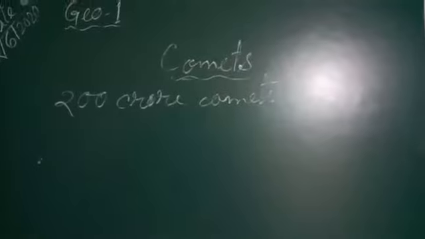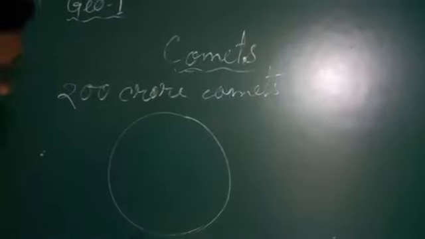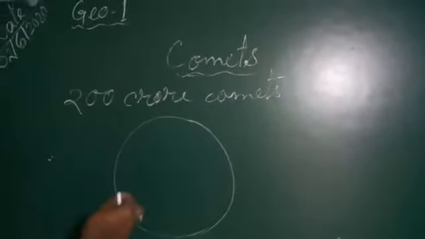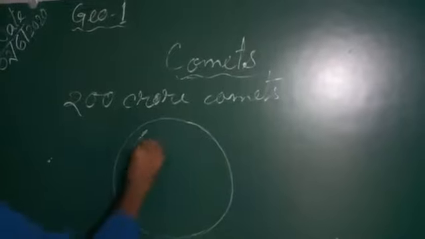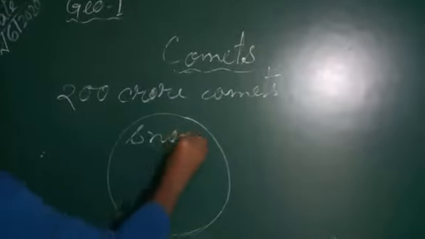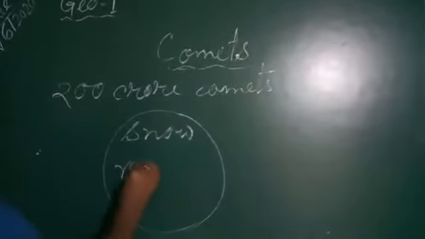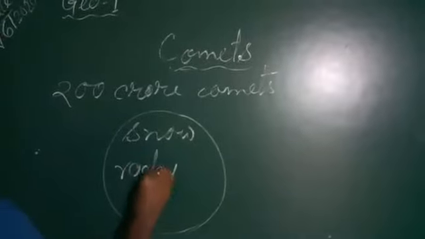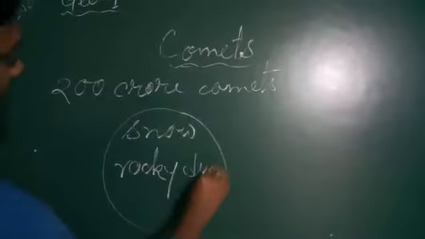Comets are huge lumps of snow and rocky dust. That means a huge amount of snow, and with that snow there is rocky dust.